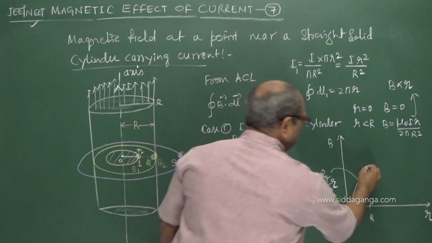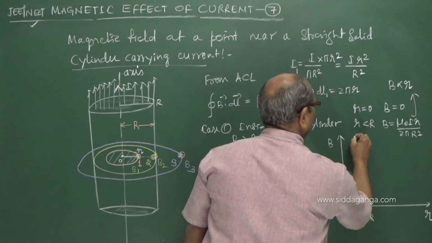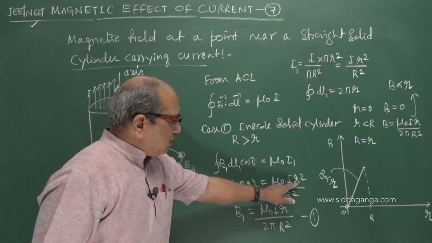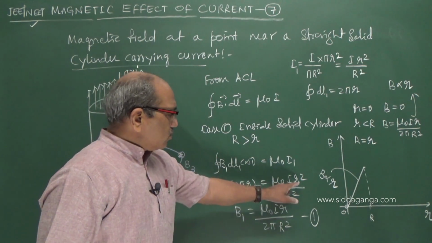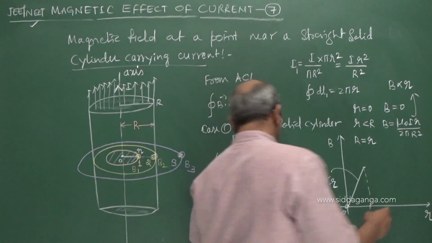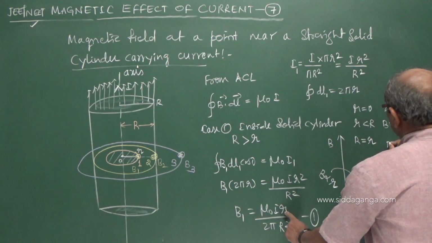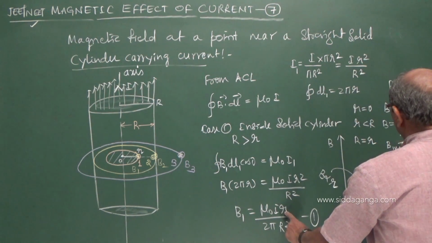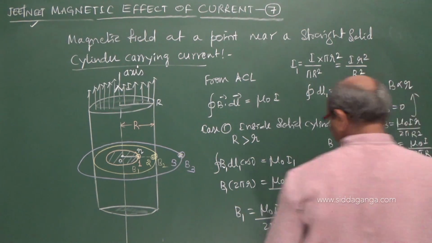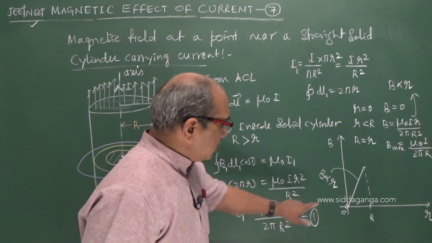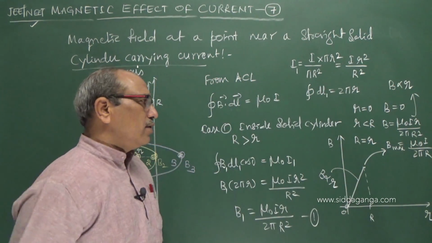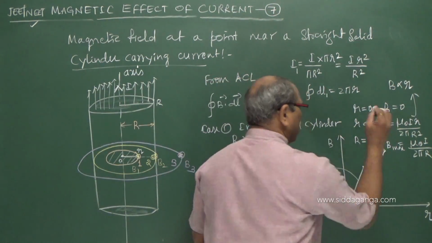Suppose at the surface, when r is equal to R, when you put capital R here, one R cancels, one remains here. So if I put capital R, this equation becomes the maximum, equal to mu naught I by 2 pi R. At the surface, this is the maximum field.